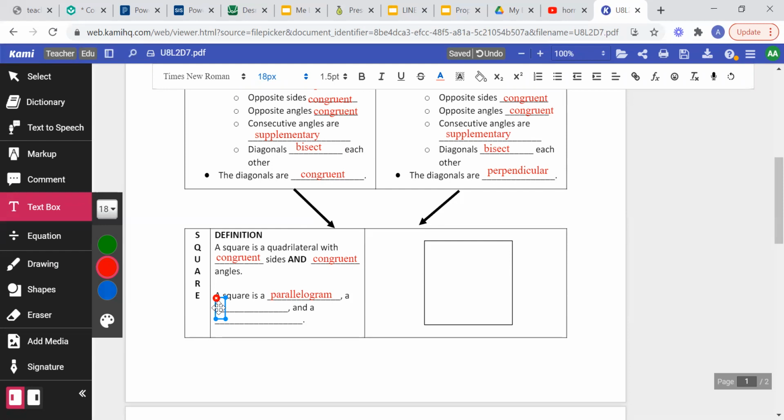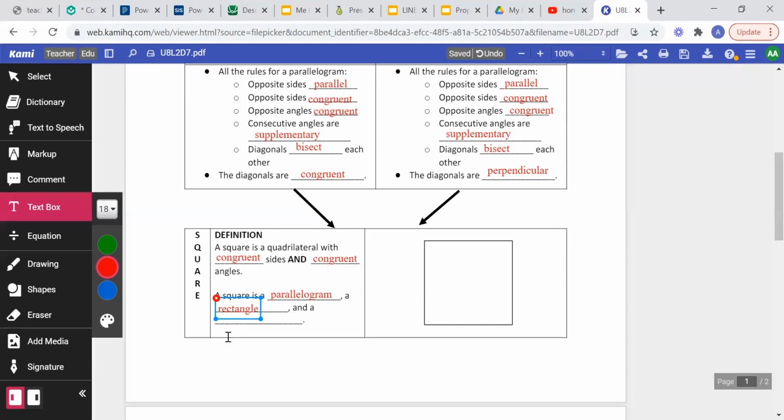Here a square is a parallelogram since it obeys all the specifications of a rectangle. So a square is also a rectangle. And it also obeys all the specifications of a rhombus. So a square is also a rhombus.